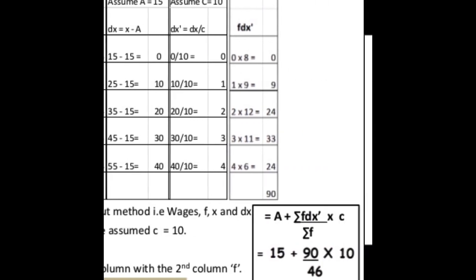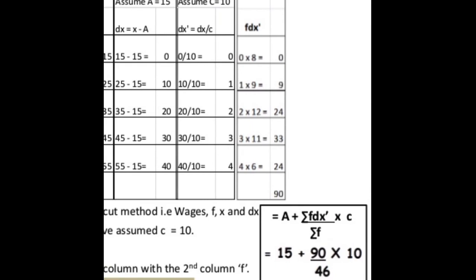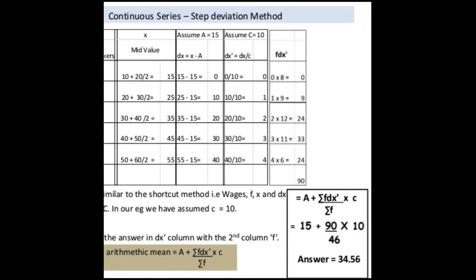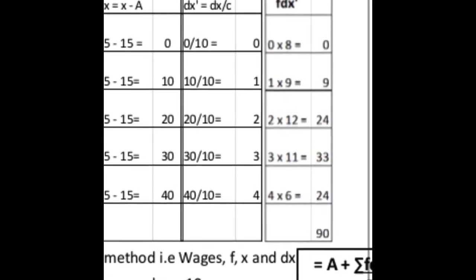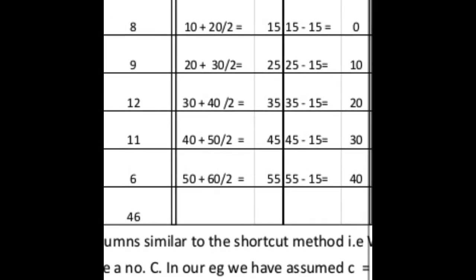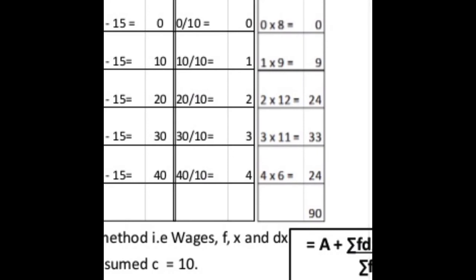Now in this question, the only difference is going to be, we are going to multiply the frequency with dx dash. So frequency, as you can see, is 8 and dx dash is 0. The answer is 0. Next frequency is 9. We multiply it by dx dash, which is 1, and we get 9, and so on.